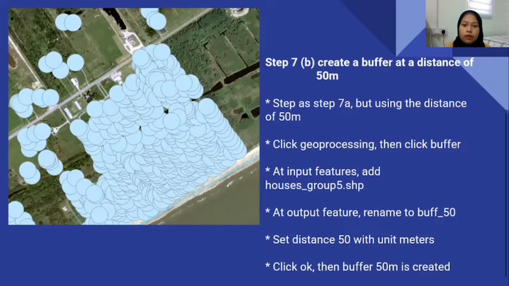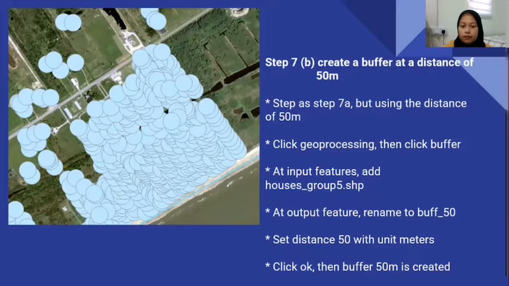Then the result will look like this. We can see the difference from the previous figure. The circle has a larger diameter, and we set it with light blue color.